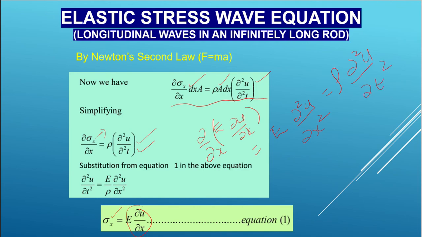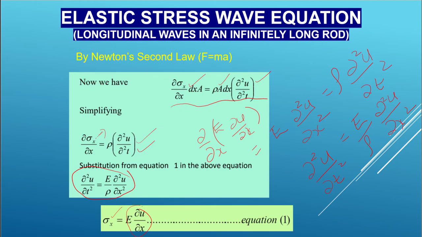Again rewriting, we will get dou square u by dou t square equal to E by rho into dou square u by dou x square. So this is the final equation. And here we have mentioned that stress waves travel with the velocity of sound.